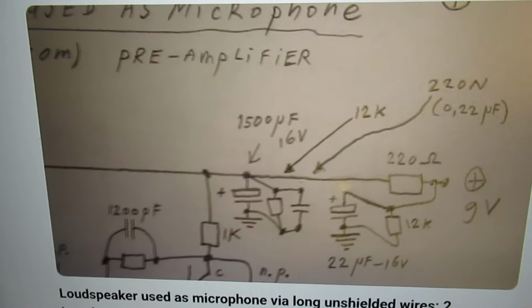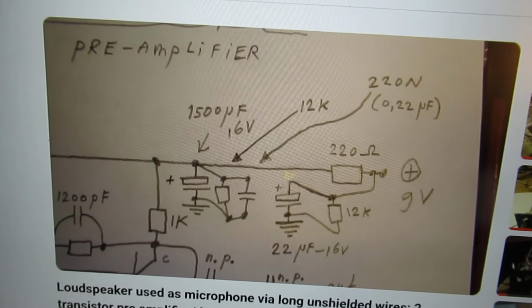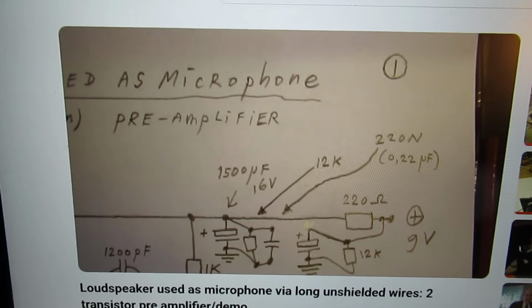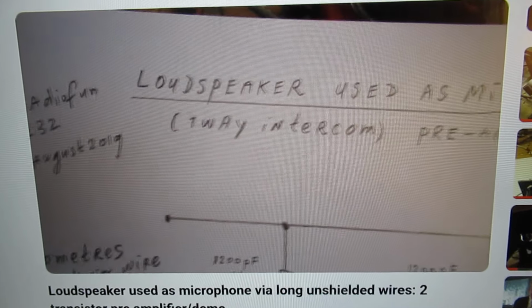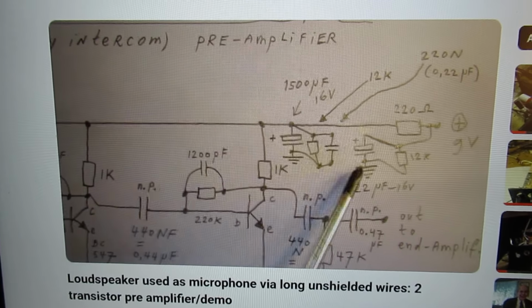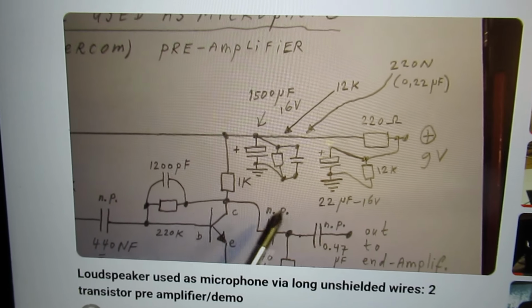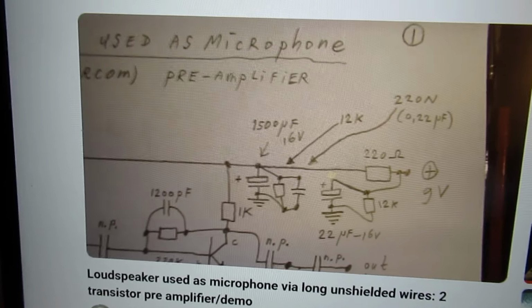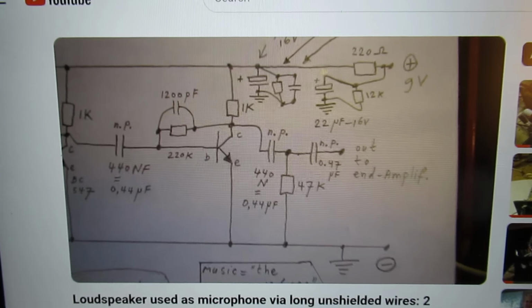And well, that's all about this amplifier, where a loudspeaker is used as a microphone. And it's good to know that when you use a big loudspeaker with a big cone, the sensitivity gets much higher.